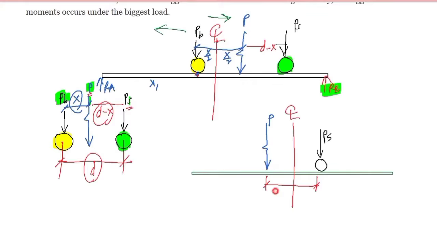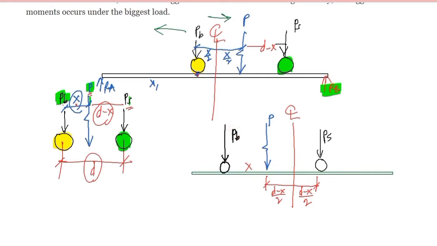So this would be D minus X over 2, and this is D minus X over 2. And we have here the distance X, which is the location of the larger load to the resultant. So this X here will be used in order for us to locate saan banda magpo-fall yung larger load.